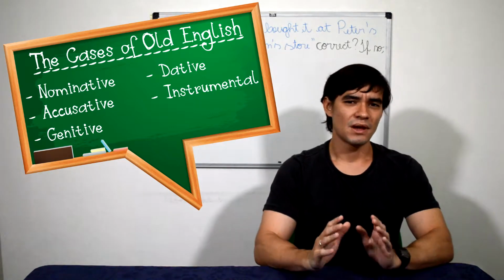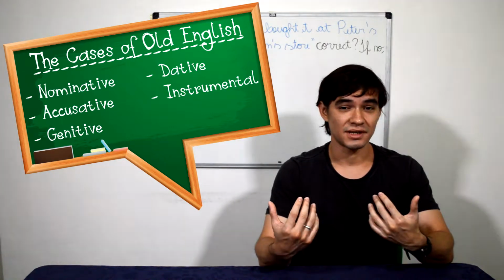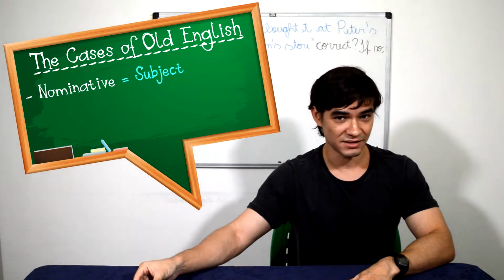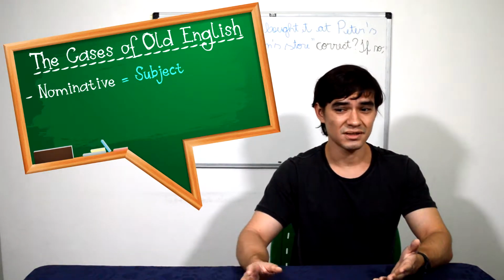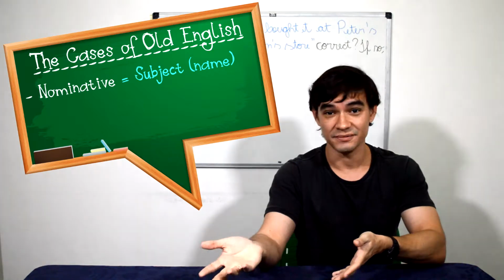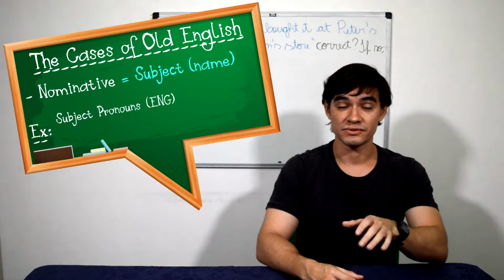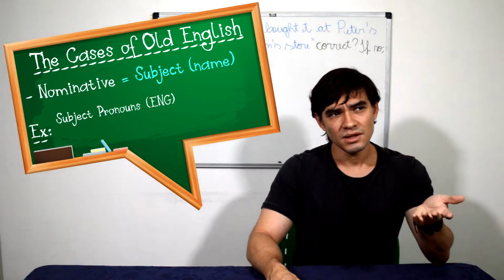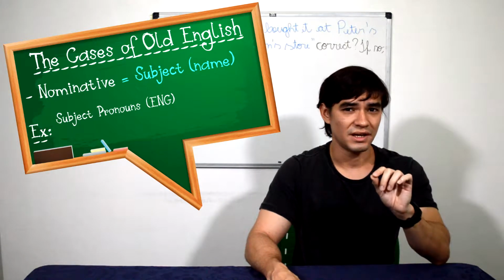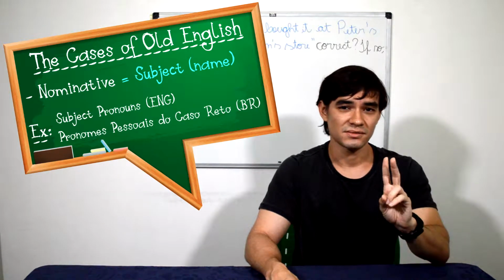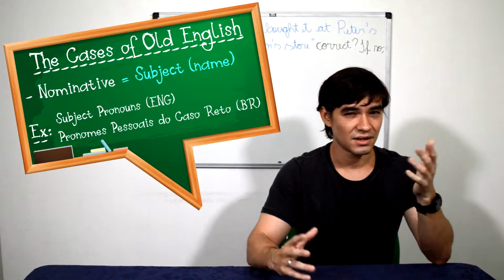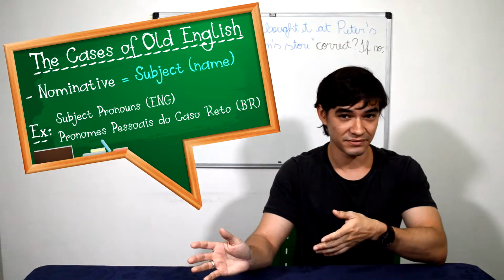For example, whenever a word functioned as a subject, we said that it was in the nominative case. In other words, it gave the name of the thing. The subject pronouns, for example, are in the nominative case. In Brazilian Portuguese, we call them another name, pronomes pessoais do caso reto. Reto is another word for nominative.